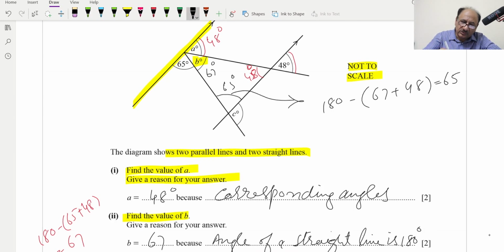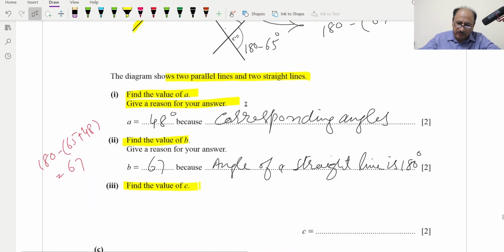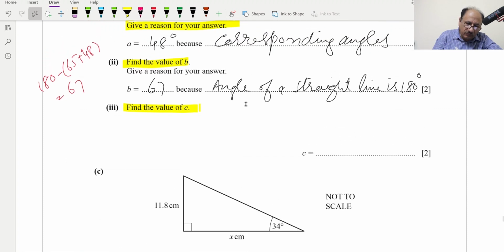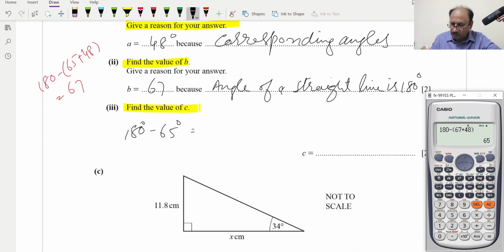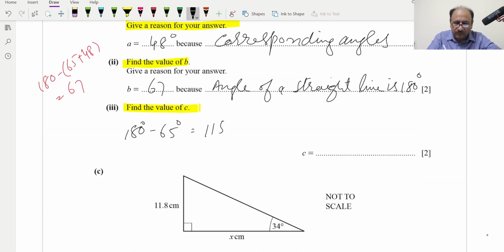Now this angle is 65, so c will be 180 minus 65 degrees, which is equal to 115. So 115 degrees will be our answer.